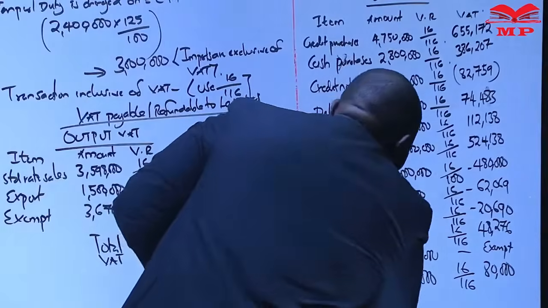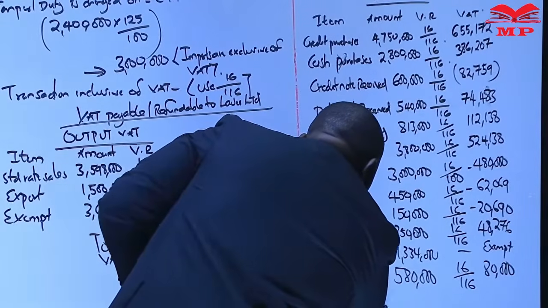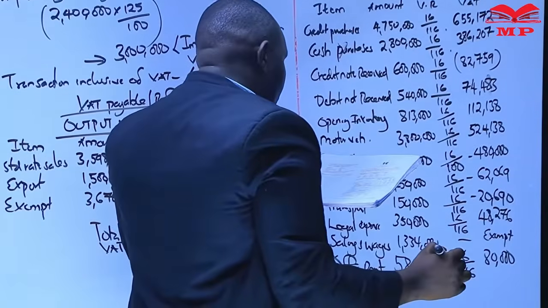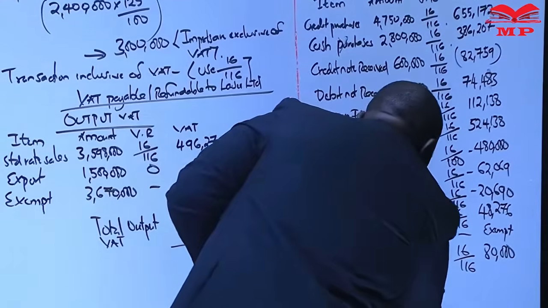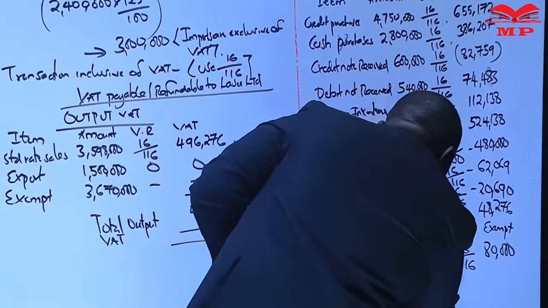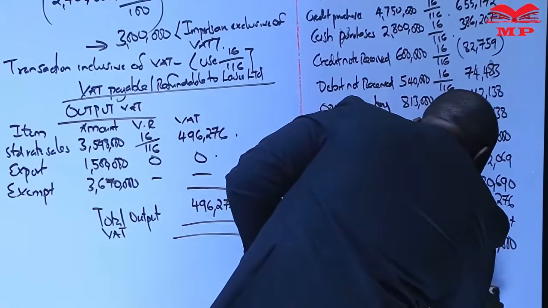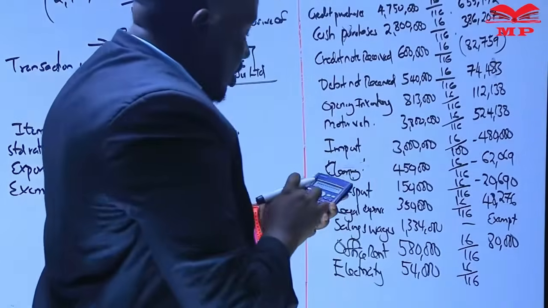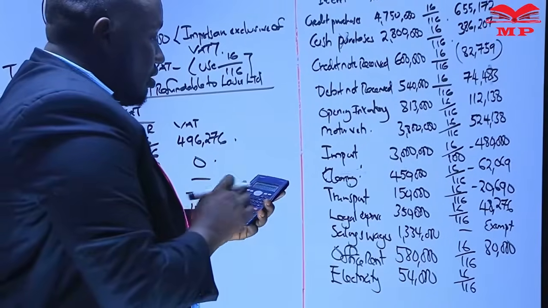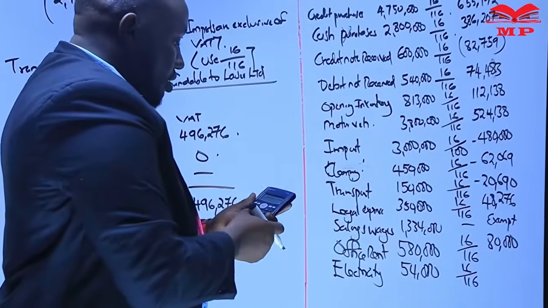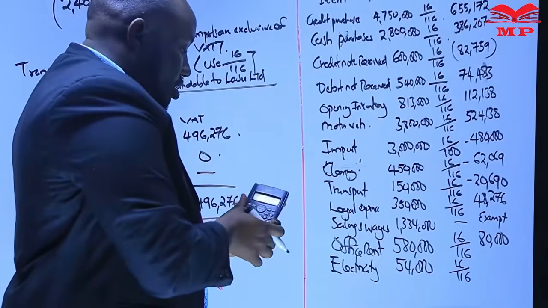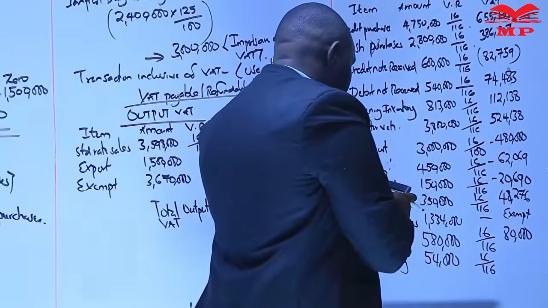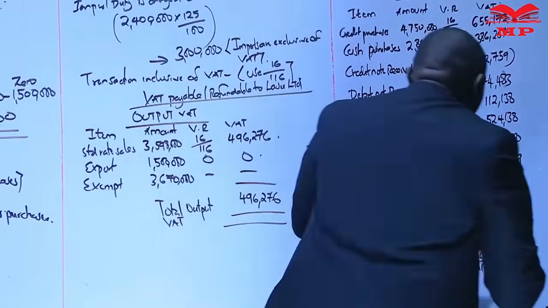Then we have electricity, a figure of 54,000 inclusive of VAT, 16 over 116. So 54,000 times 16 over 116, the figure should be 7,448.